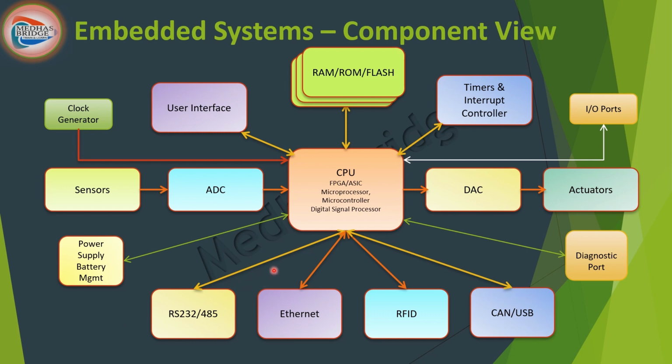Similarly, we have timers and interrupt controllers which we use in embedded systems. Basically, these are very essential for us to build algorithms when we are interacting with external interfaces.